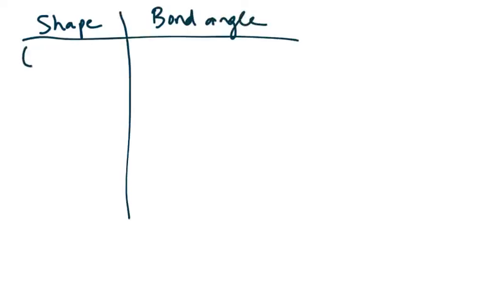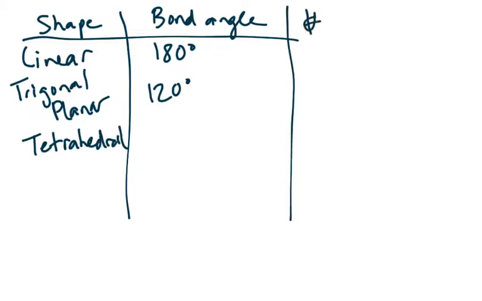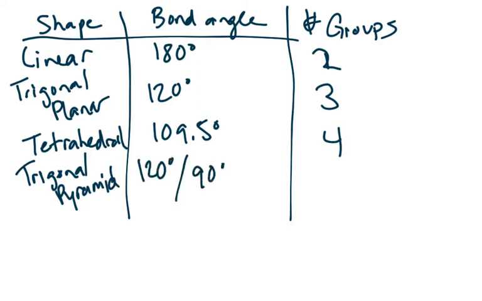We go from linear, which is 180 degrees for 2 groups, trigonal planar is 120 degrees for 3 groups, tetrahedral is 109.5 degrees for 4 groups, then trigonal bipyramidal is 120 and 90 for 5 groups.